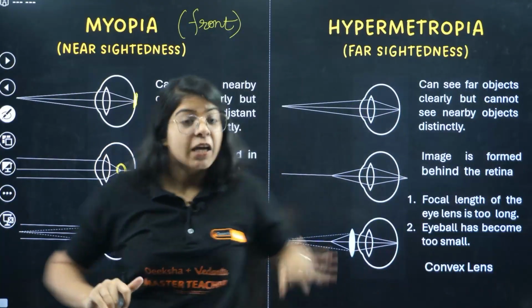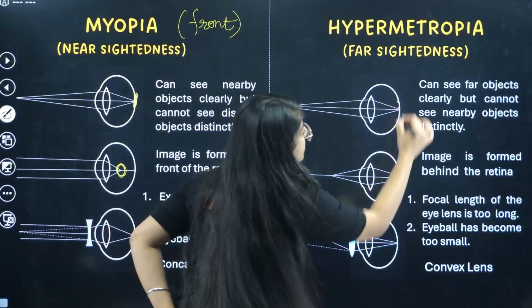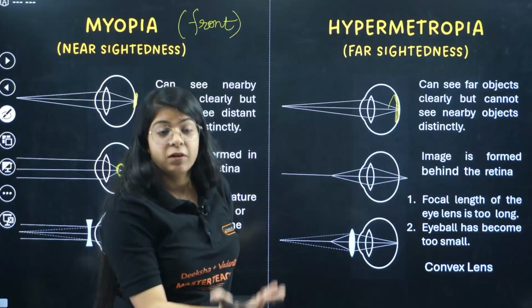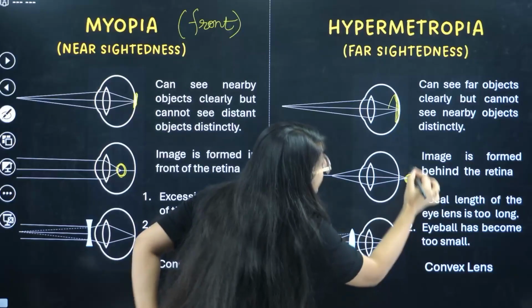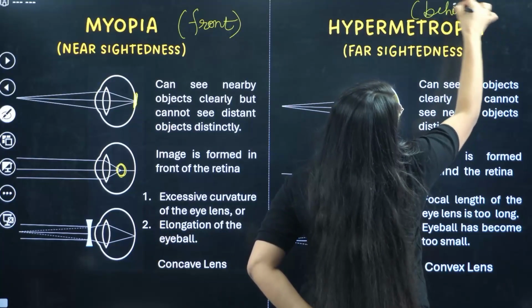On the other hand, if the image is formed far away from the retina, behind the retina, see, this is the retina, the image should be formed here for a normal person, but someone has hypermetropia, so the image is formed behind the retina.